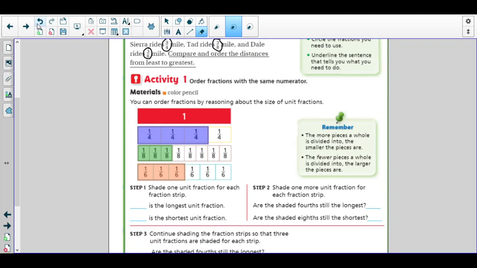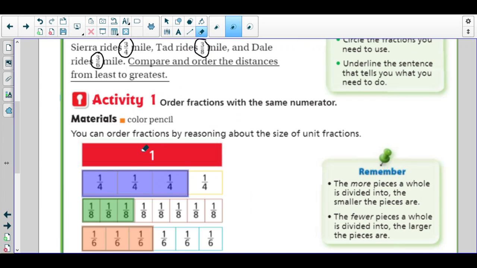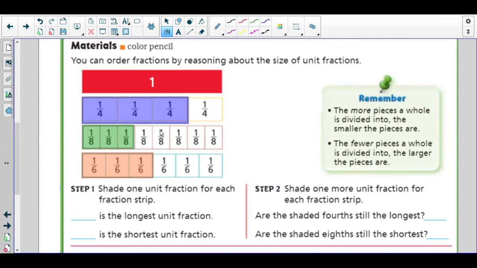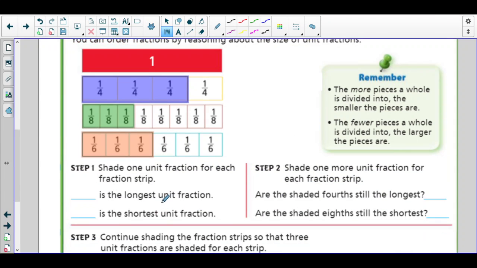And the shortest, well, we'll back that up, okay? And let's zoom in here just a little bit more. Got to make sure that we pay attention to one key word here. All right, and that is the unit fraction. Okay, so 1/4, 1/8, 1/6.